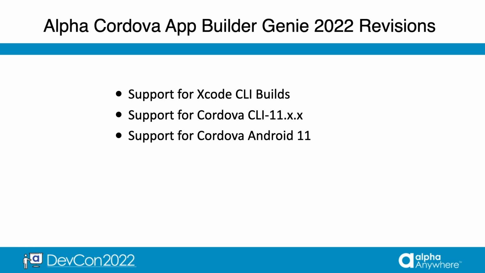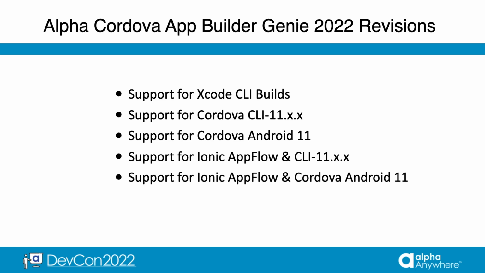It happens automatically. We added support for Ionic App Flow in CLI 11 and support for Ionic App Flow in Cordova Android 11. So if you want to build apps, use Ionic App Flow and build Android apps that are submitted to the Google Play Store, by all means you can do that.